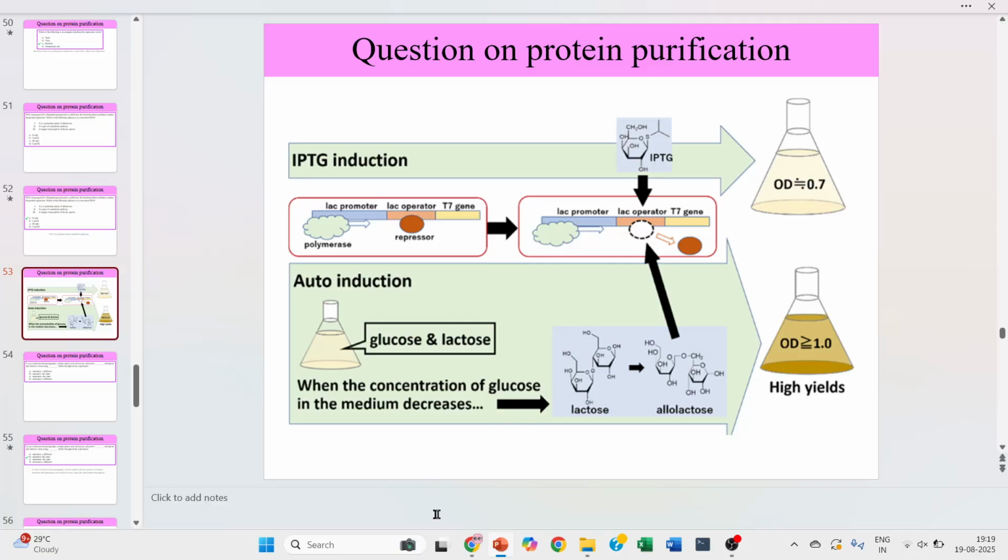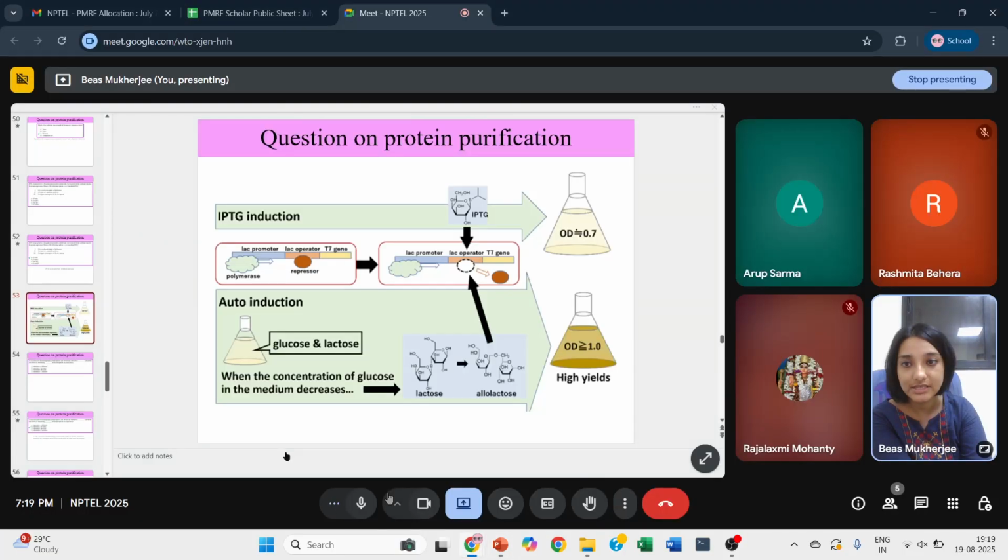Now see, this is explained better here. When the OD is around 0.7, you add IPTG, and the repressor is no more able to bind to the lac operon, and that is why you get your protein of interest synthesized. Now, what is autoinduction?